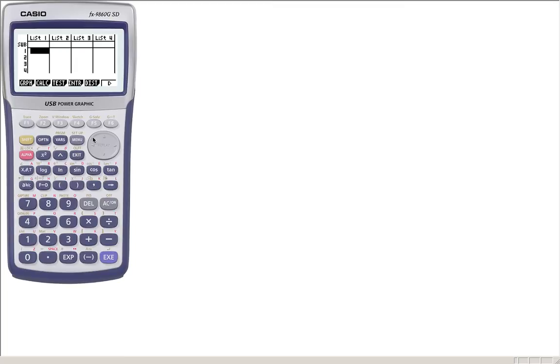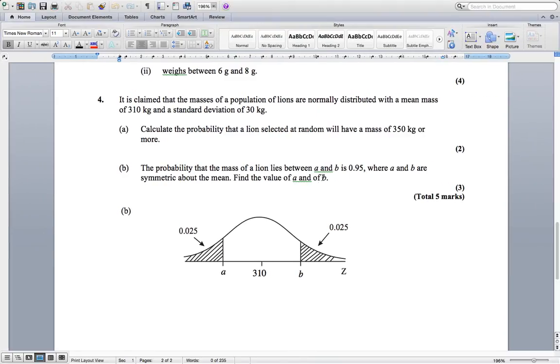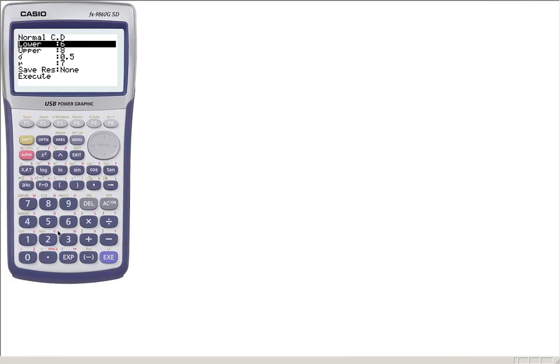Since I need the probability, again I'll press F5, F1 and then F2. Here I need to find P of X greater than or equal to 350. So lower limit is 350, upper limit is 10,000, and sigma is 30 and mu is 310.